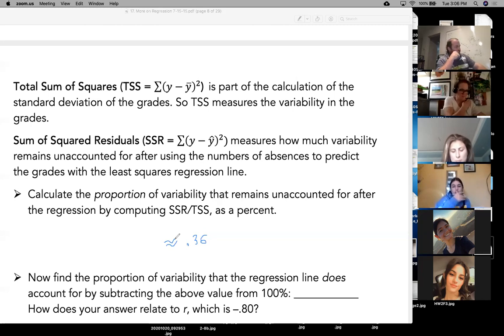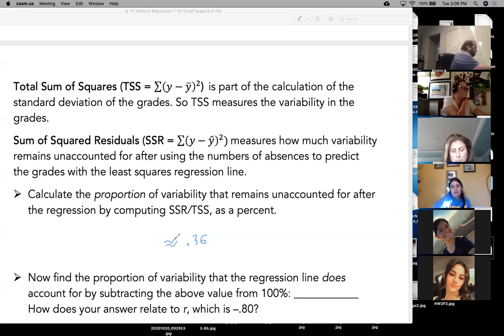What was our R squared value again? Our R value was negative 0.8. What was our R squared value? 0.64 or 64%. And what is this number? 36%. 64%, 36%.